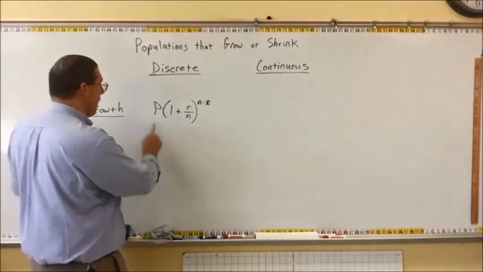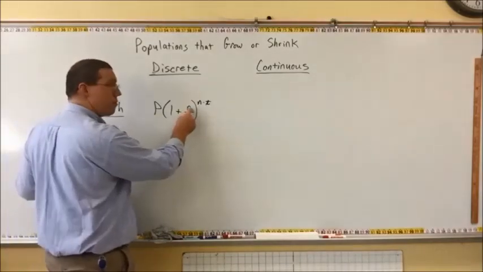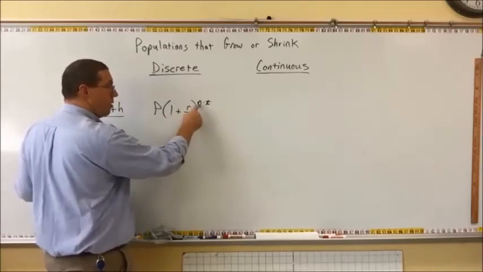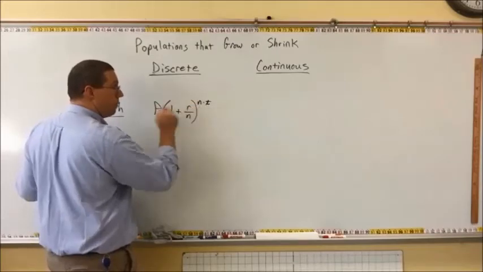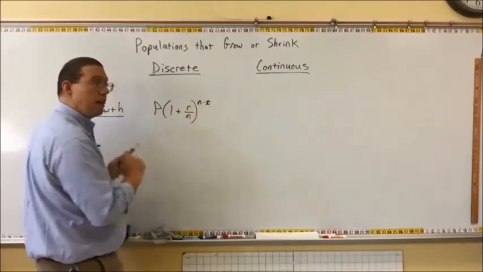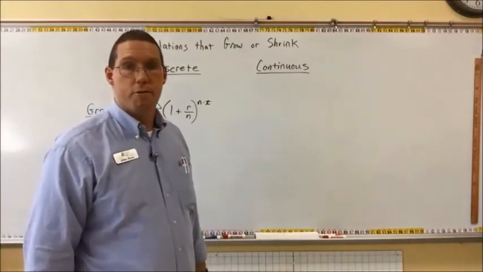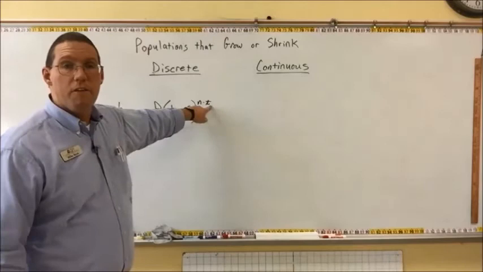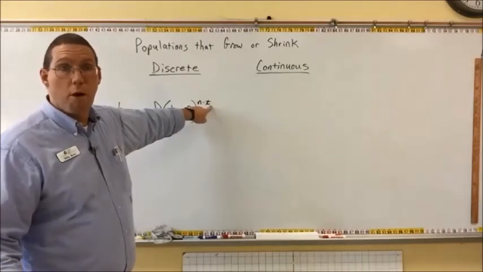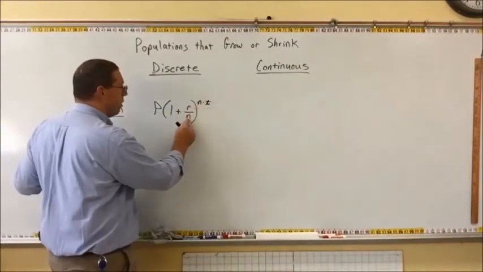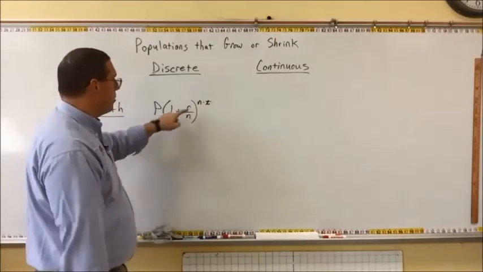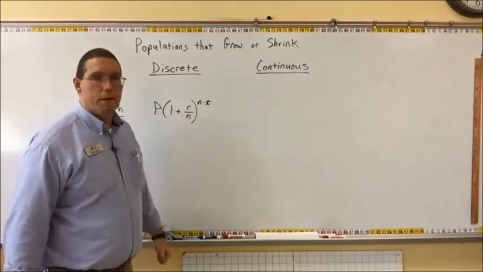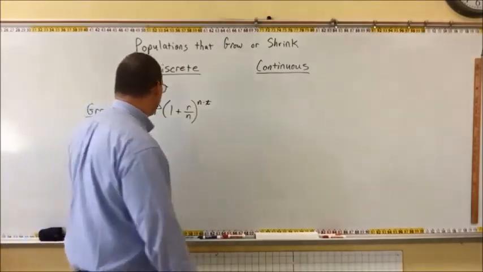So you would put in a value for P, a decimal value for r, and n, remember n is how many times in one time period it grows. Here's n again, whatever number you put down here, you've got to put that number up here. And then t is for time, how many time periods it's growing. So if it's growing over 17 years, we would put a 17 here. If it grows monthly, that's 12 times a year, we'd put a 12 here and a 12 here. And if it's growing at 5%, we would put 0.05 here. And if we started with 1 million, we'd put 1 million here. Okay? So there's the discrete growth formula.